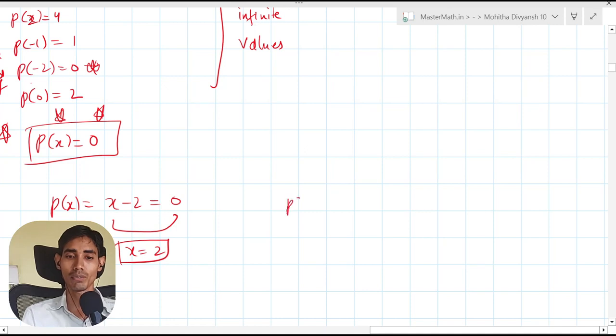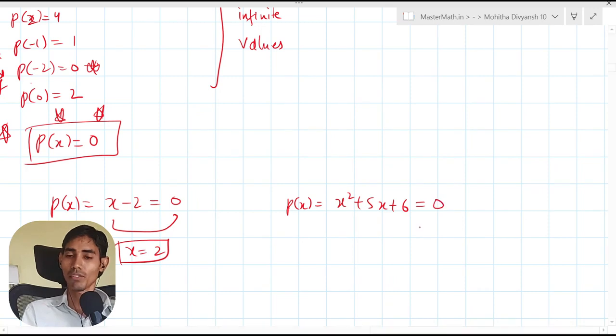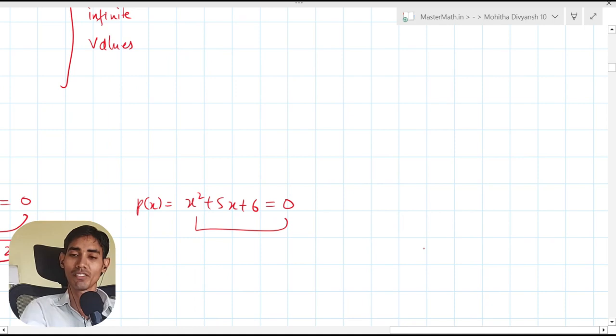Now if we have this, first and foremost, we'll equate that to 0, and then using splitting the middle term, we'd find the factors and then equate them to 0.